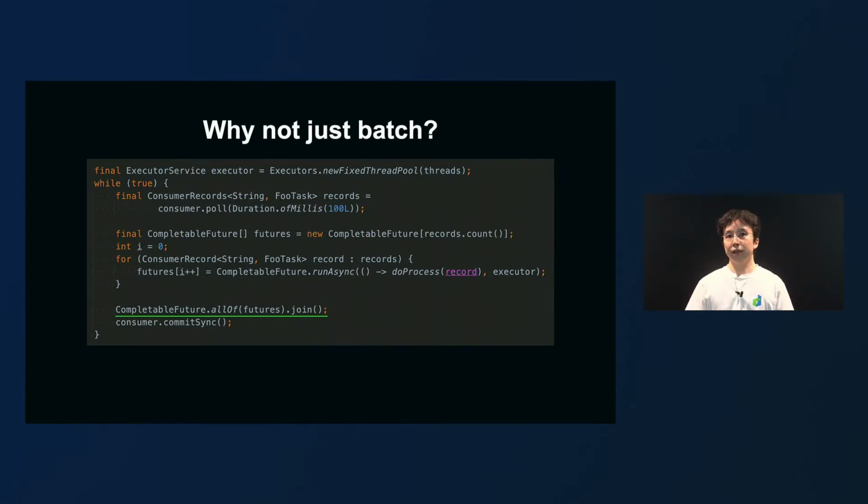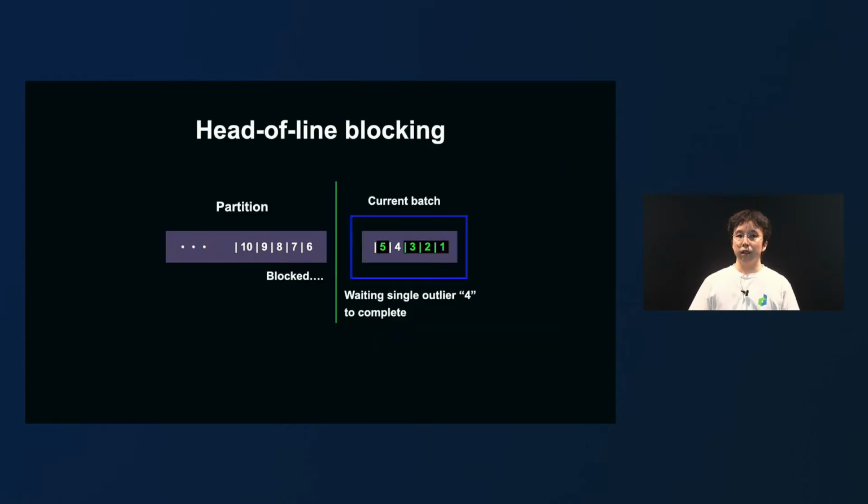So, as you can see in this example of code, why not wait for the completion of asynchronously submitted tasks and then commit? Compared with the synchronous mode, throughput should be improved significantly, and there is no concern about lost messages.